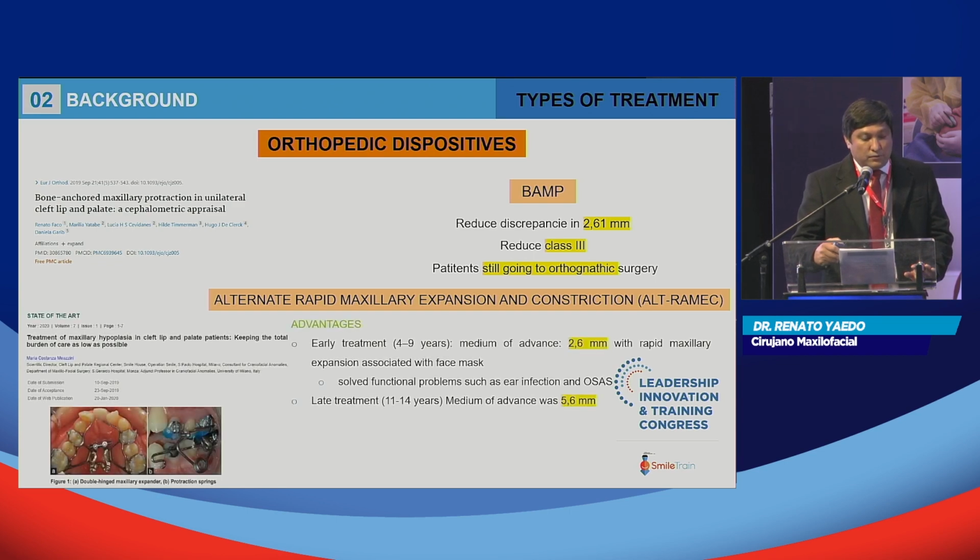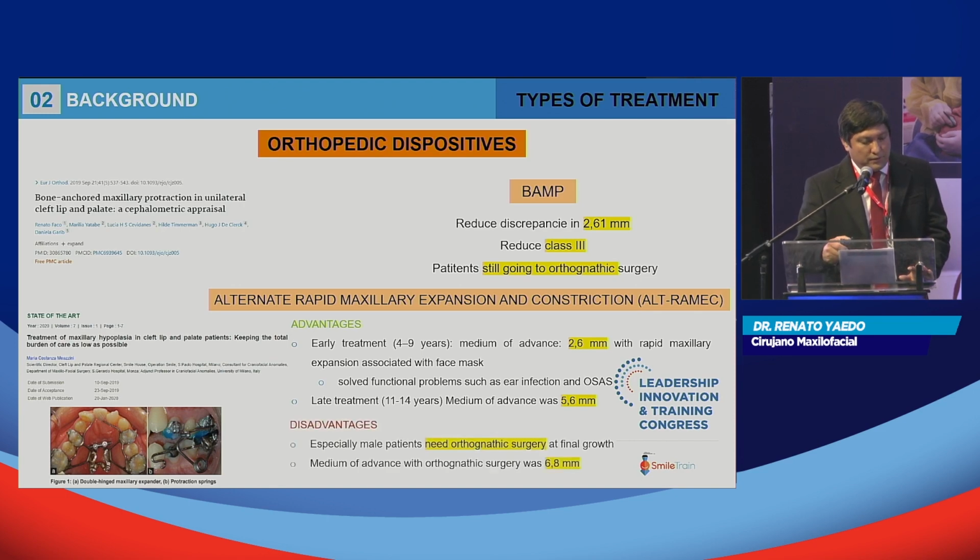The hammock is a similar alternative, and we have the average advancing of 2.6 millimeters in early treatment and late treatment around 5.6 millimeters. The disadvantage is some patients need orthognathic surgery after this treatment, and when the orthognathic surgery is performed in these patients, the median forward movement is around 6.8 millimeters.